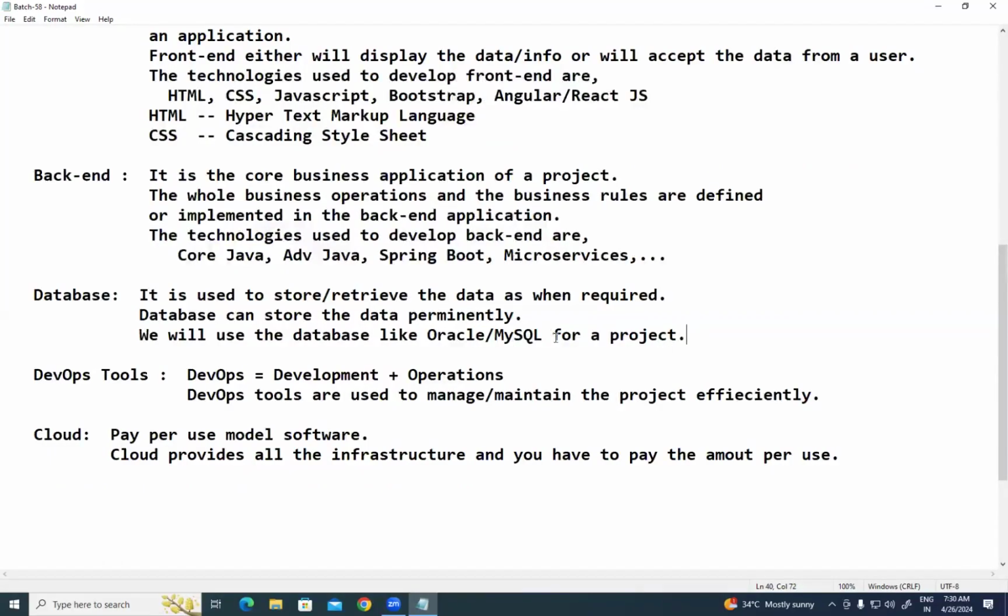I had not included that name yesterday, but you will learn Oracle, MySQL, and MongoDB, the three. In DevOps tools, you are going to learn how to work with Jenkins, Maven, Docker, and Kubernetes. There are so many tools that we are going to look at in DevOps.